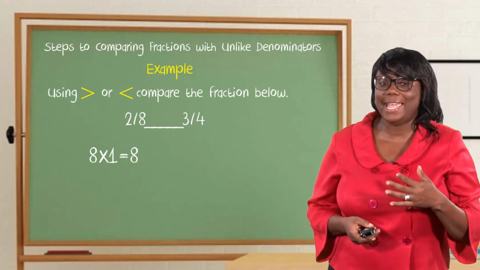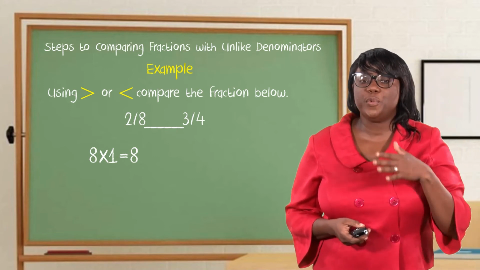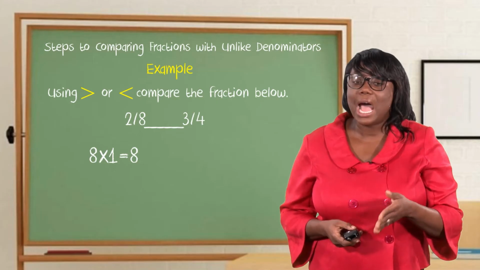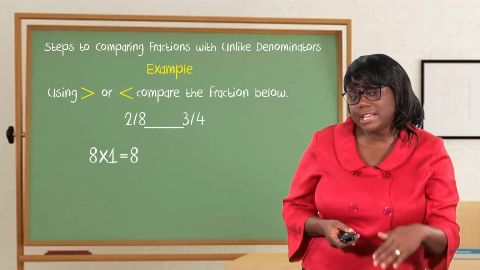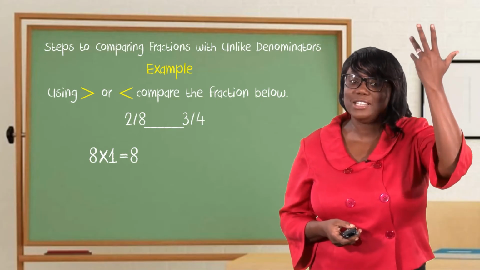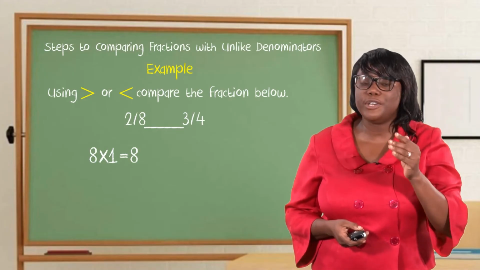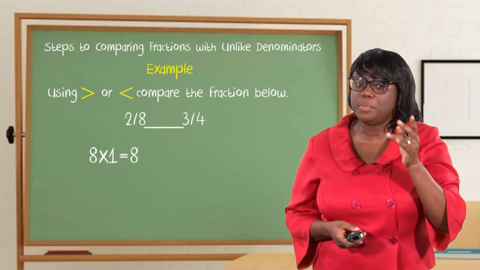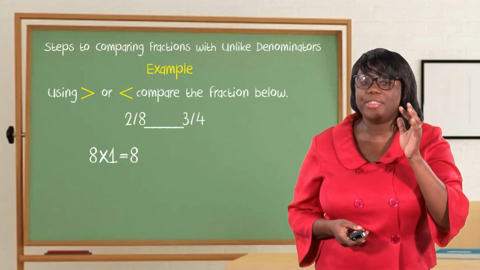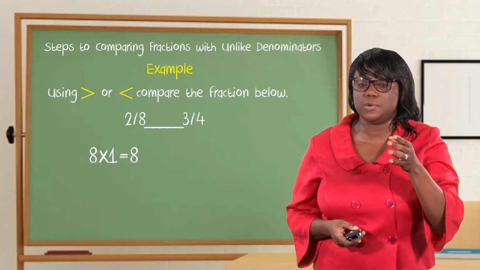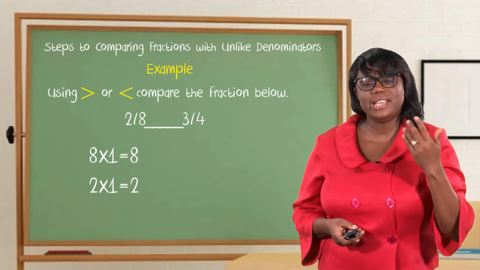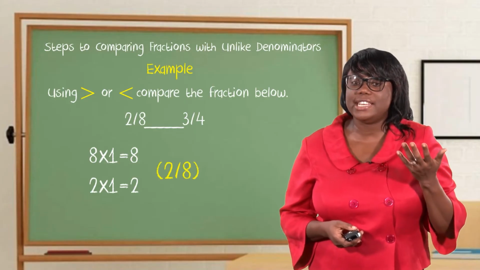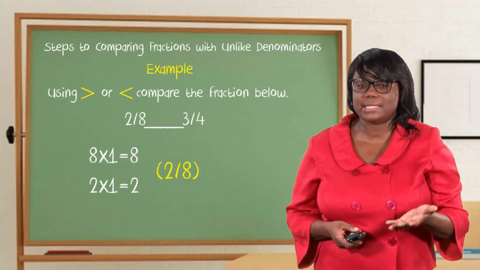When you multiply 8 by 1, you will get 8. And whatever we do at the bottom, we do at the top. So the number at the top, which is called the numerator, we multiply that by 1 also. So in this case, the fraction is still 2/8.